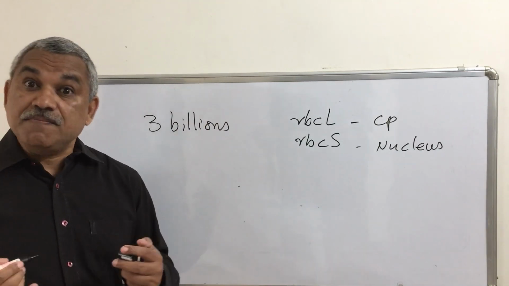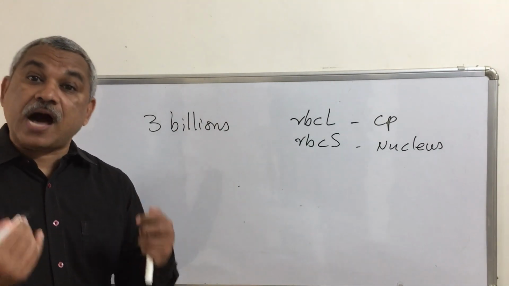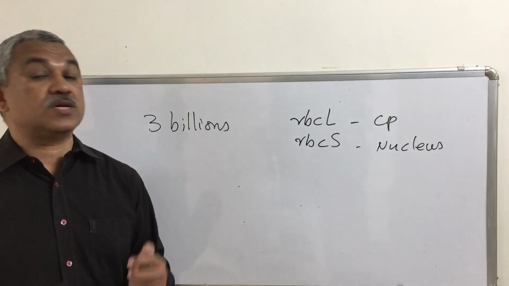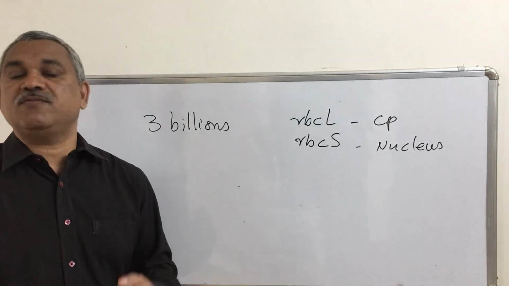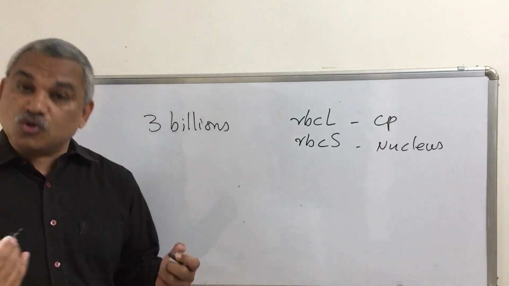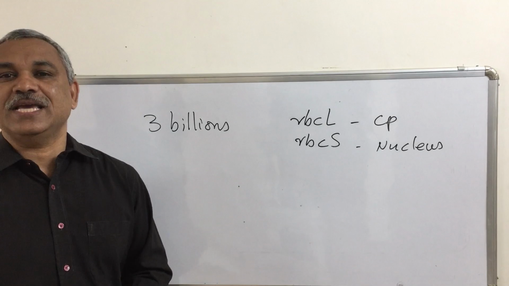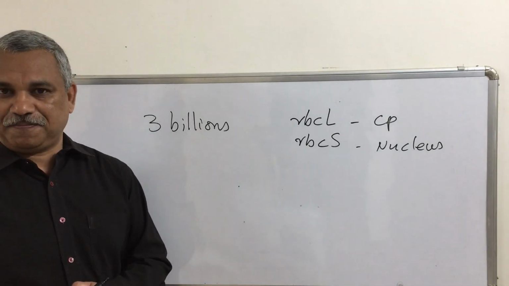We know that 3 billion years ago the carbon dioxide concentration in the atmosphere was very high. When the CO2 level was very high, Rubisco probably opted for the carboxylase reaction.